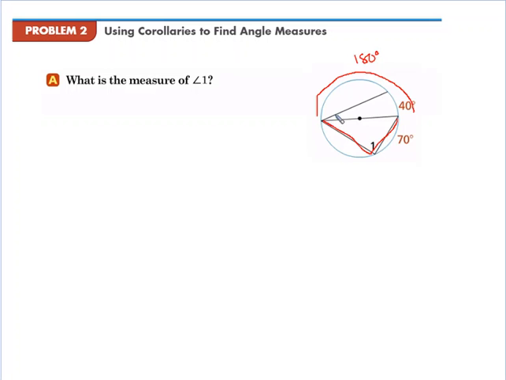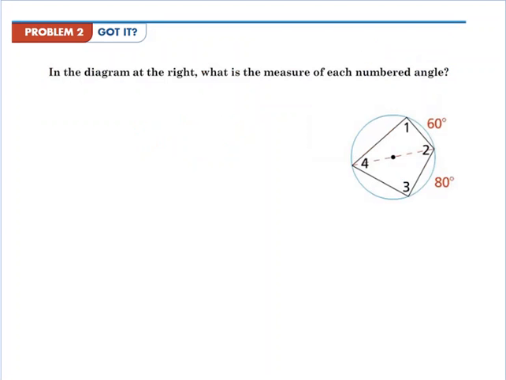And so that corollary says, okay, if this is a semicircle, the inscribed angle to that has to be 90 degrees. And so that's just it right away. If it's inscribed into a semicircle, it's exactly half of this. If it's exactly half of that, now it's down to 90 degrees.